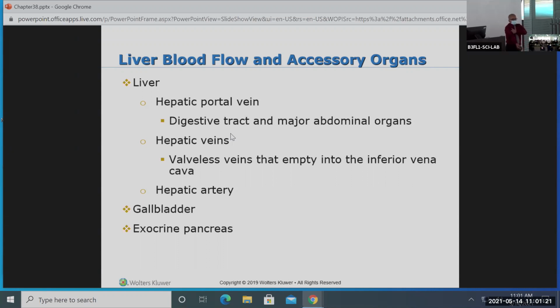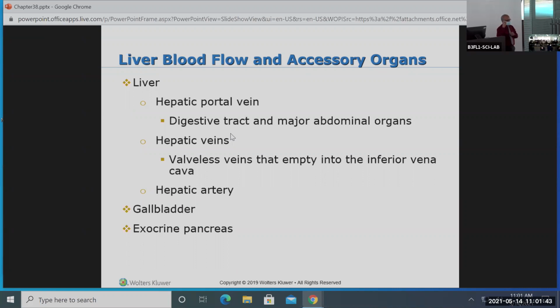And this portal vein drains the blood. What type of blood does the portal vein carry? Oxygenated? No. Then the other choice is deoxygenated, of course. It is deoxygenated blood and nutrient-rich blood.